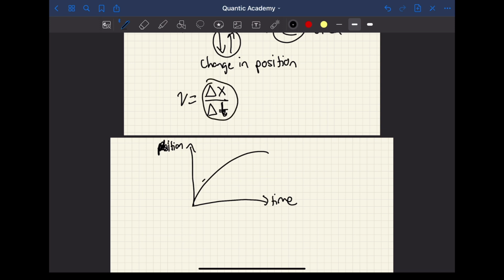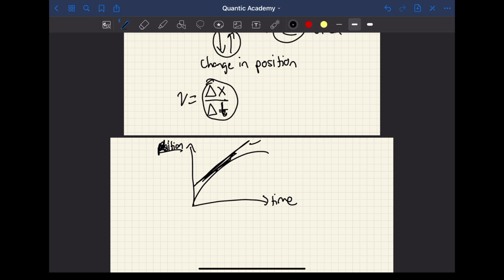That'll just be the gradient, because here the x represents the y value, because position represents the y, and time represents the x. So it'll be change in y over change in x. That's just the gradient. The velocity is the gradient.